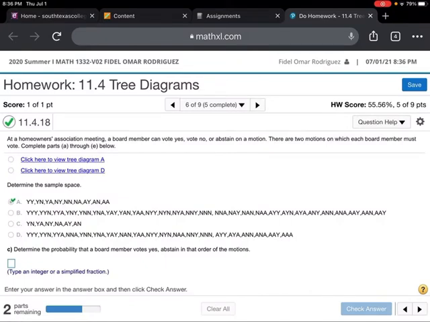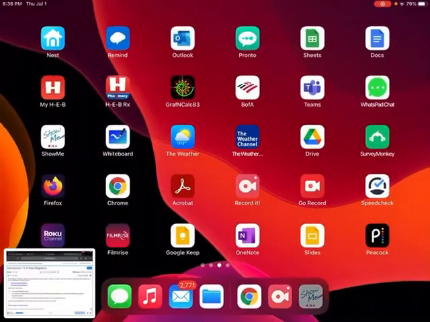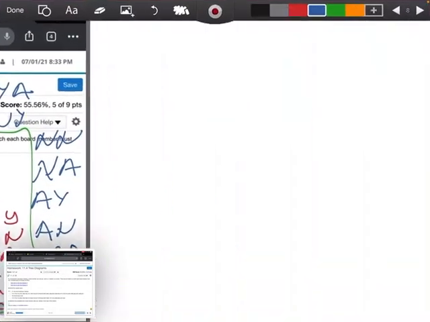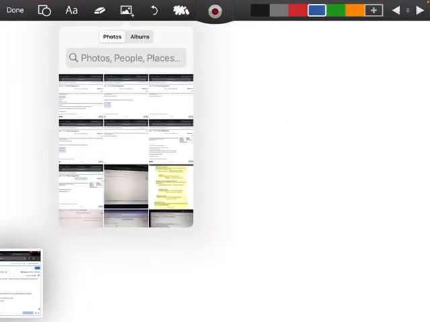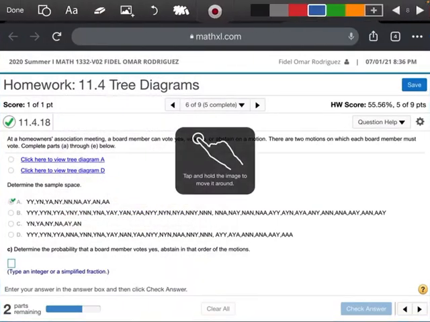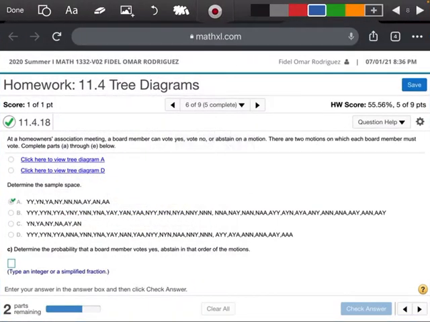So now the next question says, determine the probability that a board member votes yes and then abstain in that order of motions. Okay, so I'm going to take a screenshot here, y'all, so I can figure out what they're asking me to do, okay? So look at the question. The question says, first we want yes, and then we want abstain. So these are my options that I'm looking at, right?